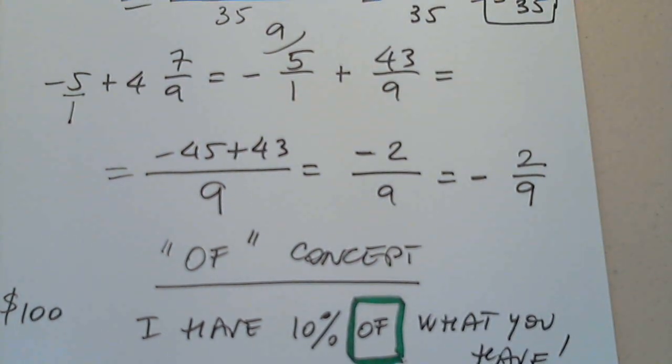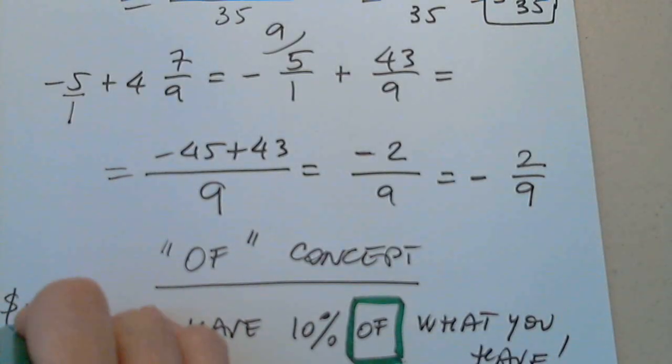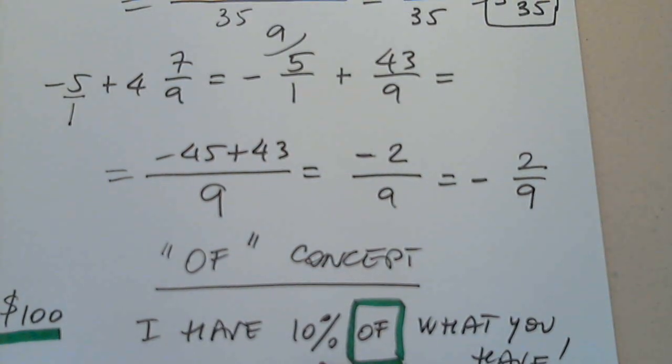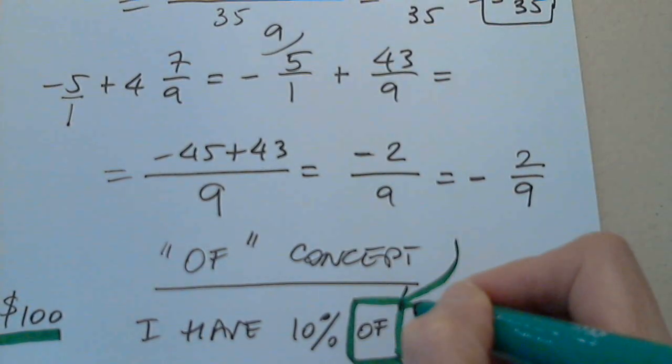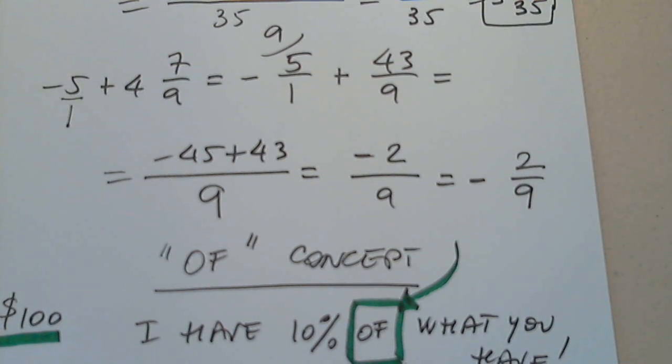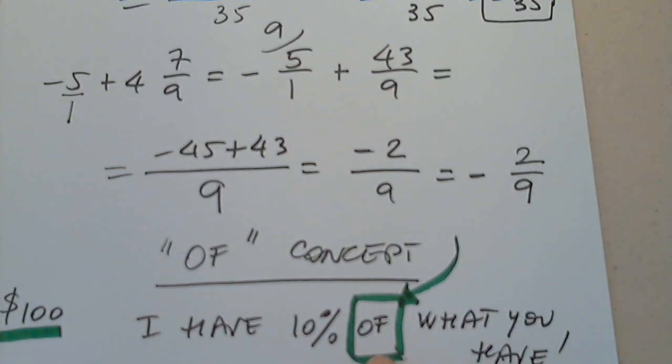What does it mean? So you have $100, and I only have 10% of what you have. What operation do you think of represents?